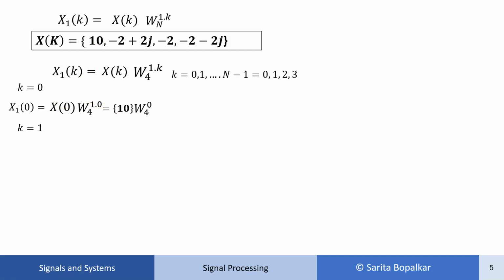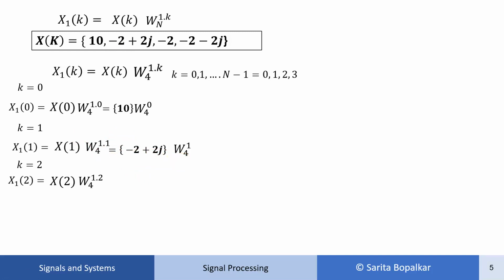Then k is equal to 1: X1(1) is equal to X(1) W_4^{1·1}. X(1) is -2+2j, so it becomes X(1) and W_4^1. Then k is equal to 2: it becomes X(2) W_4^{1·2}.